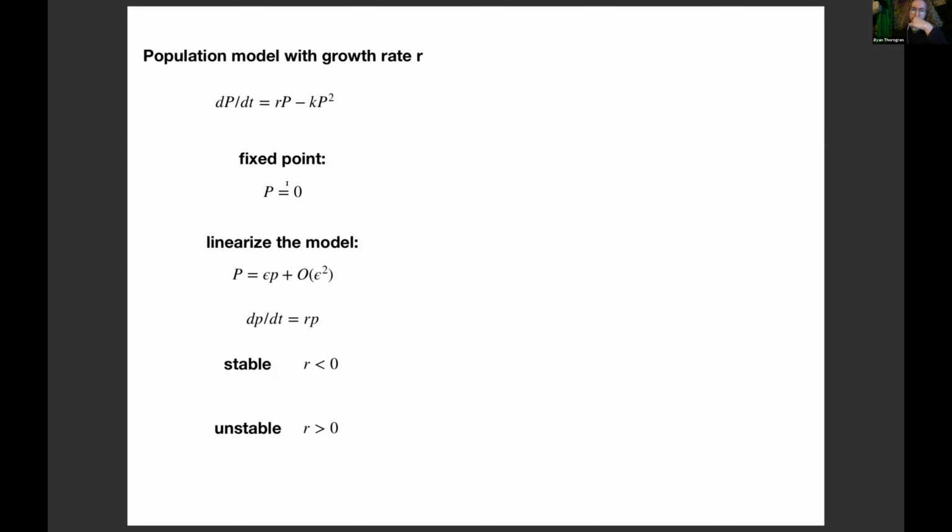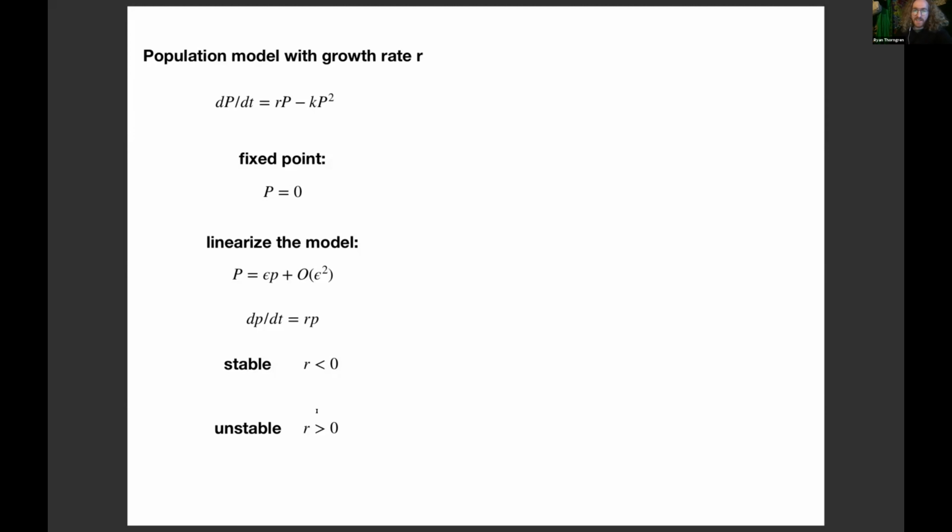So we basically want to understand the behavior of trajectories where P is very small, say epsilon times little p, and we're going to think about epsilon as infinitesimal, so we can discard quadratic and higher order terms in epsilon. And basically all that does is discard the quadratic piece.